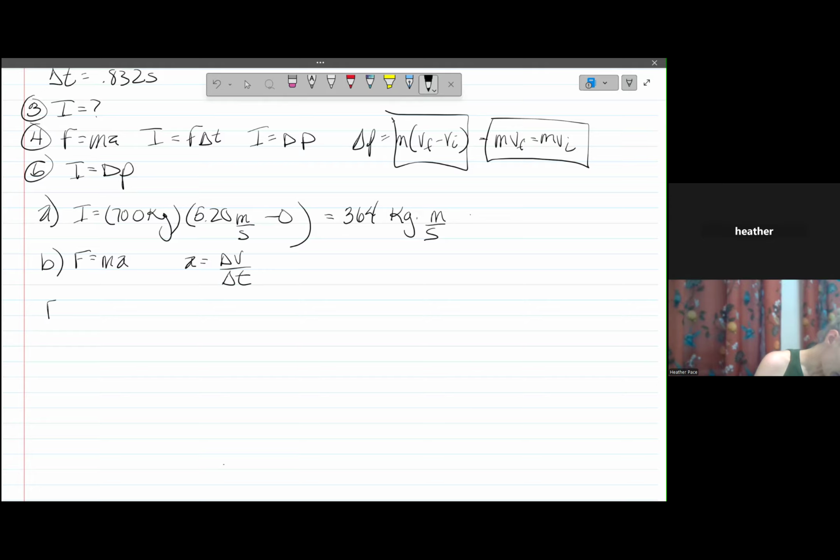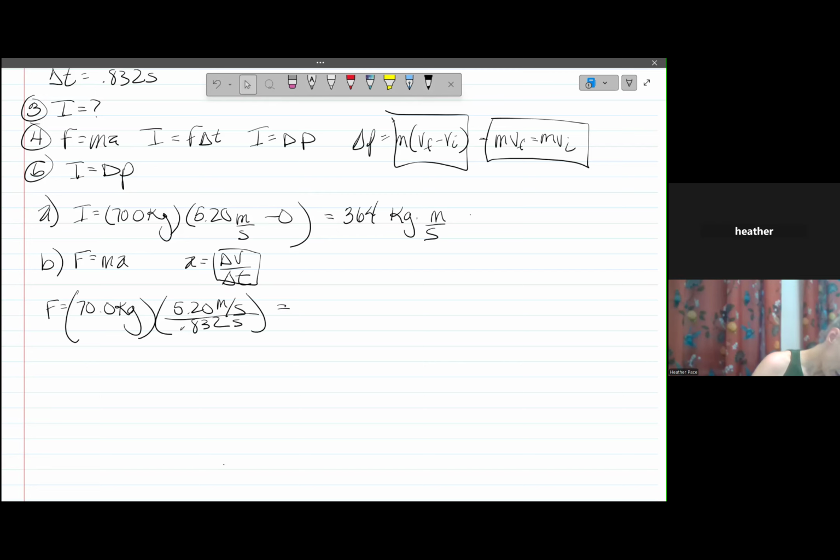So then we have F equals mass, 70 kilograms, times delta V over delta T, which is 5.20 meters per second over 0.832 seconds.